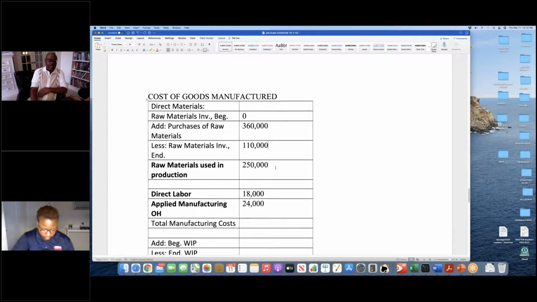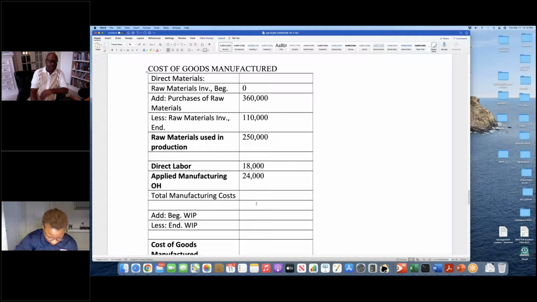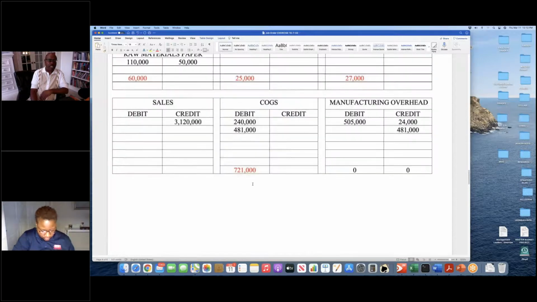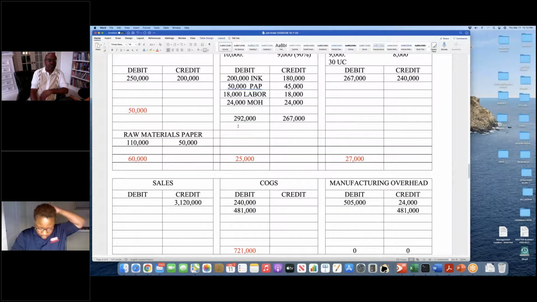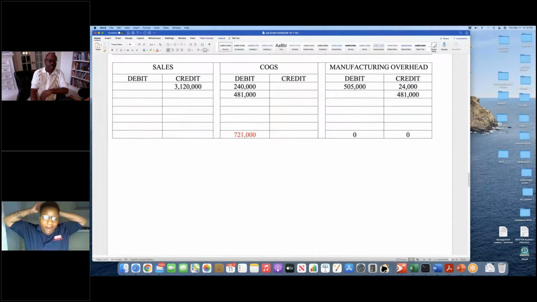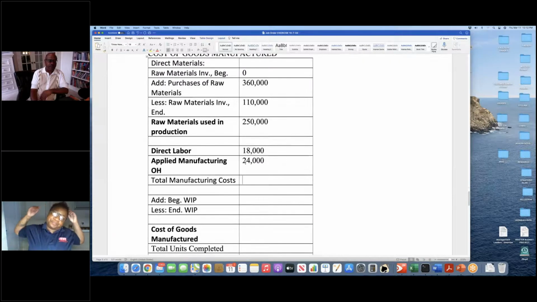So we add 250, 18, and 24. What's our total manufacturing cost? Had it in the T account, didn't we? 292,000. Is that right? We didn't have any beginning work in process inventory.